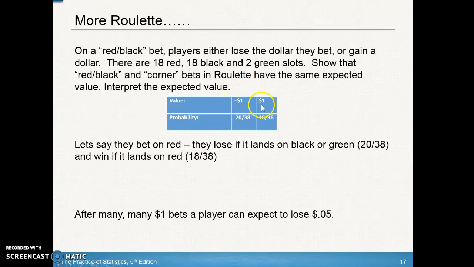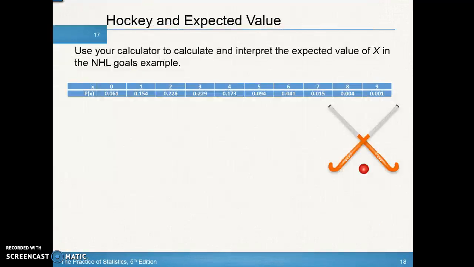So we're losing our $1 or we're gaining $1. It doesn't include the $1 that we've actually spent to play the game. So the expected value is losing $1 times 20 out of 38 plus winning $1 times 18 out of 38, which is about negative 5 cents. So after many, many, many $1 bets, the player can expect to lose about 5 cents.